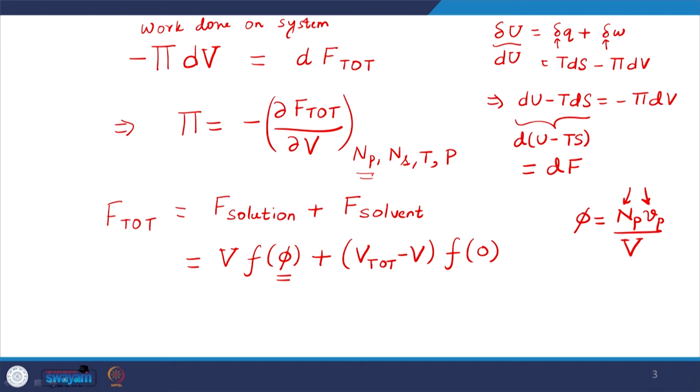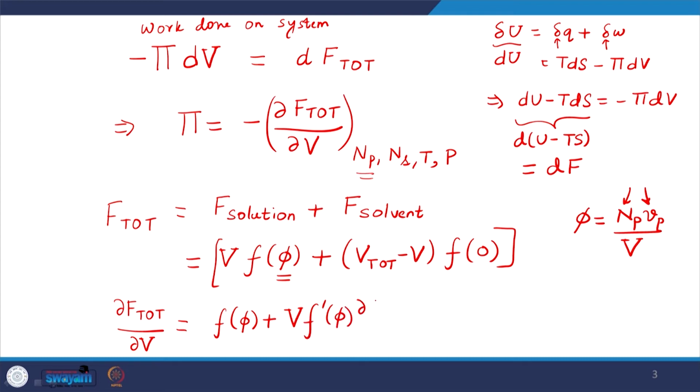So, therefore, I can write del f tot by del V as something like f of phi plus V f prime phi del phi by del V, and then in the second term you will have minus f of 0.